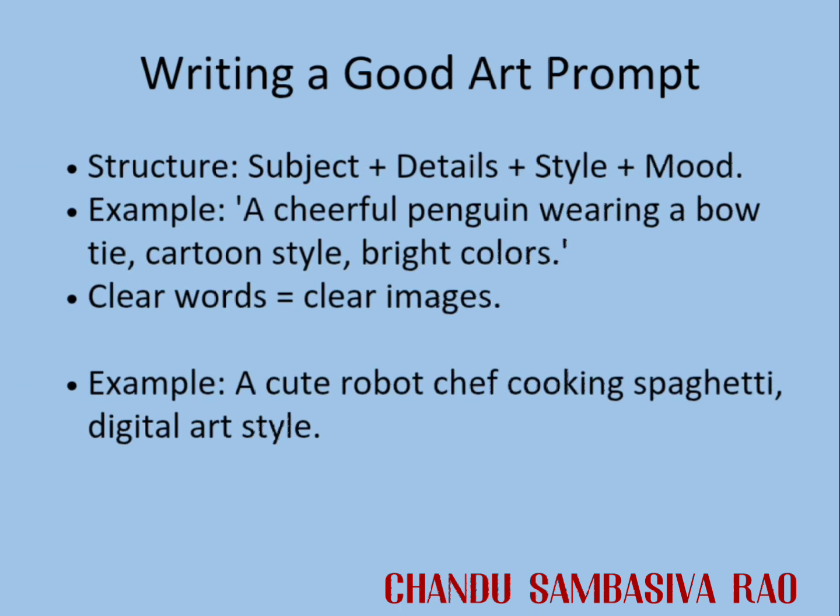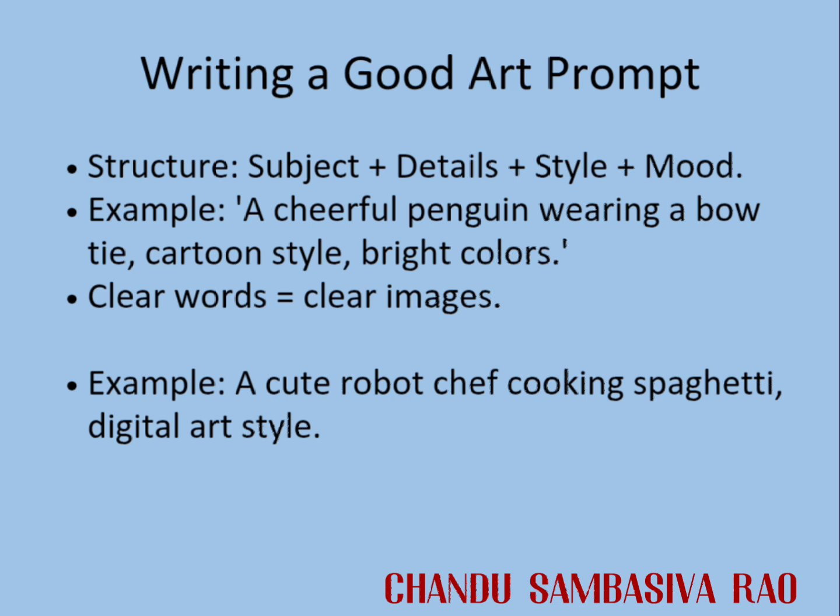For good art, we need to structure the prompt in such a way that it helps the AI come up with an image or an artwork or a visual which is closer to our expectations. It should contain a subject and some details, and it should have a style like Van Gogh style plus the mood. Mood also we can prescribe.